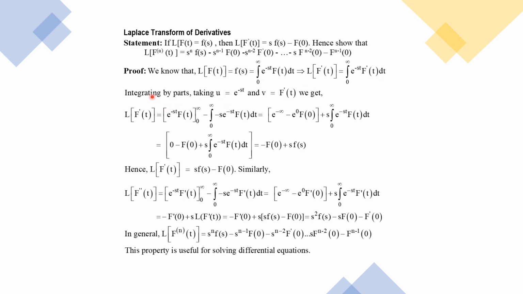Here we take integration by parts. By the integration by parts, you will have e^(-st) times the integration of f'(t), which is f(t), from 0 to infinity, minus the integral from 0 to infinity of the derivative of e^(-st), which becomes minus s e^(-st), times the integration of f'(t), which is f(t), dt.